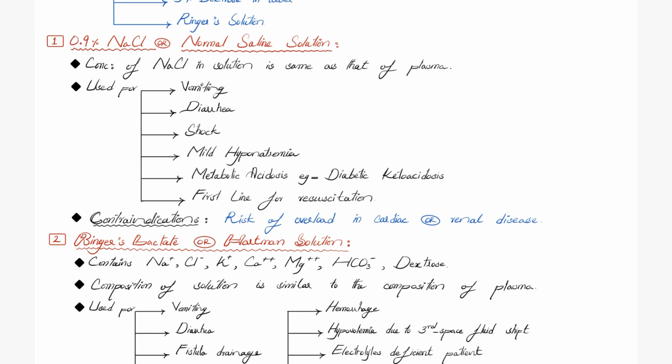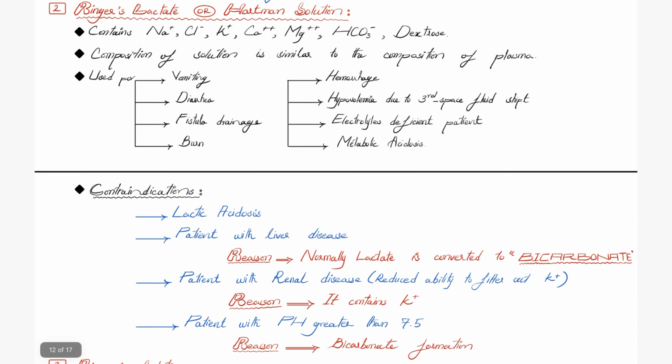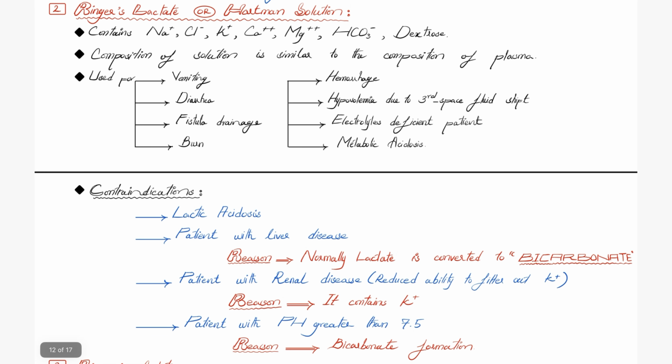So it is used for vomiting, diarrhea, shock, mild hyponatremia, metabolic acidosis, for example, diabetic ketoacidosis, and as first line for resuscitation. Now, contraindications: there is high risk of overload or hypervolemia in patients with cardiac or renal disease. So be careful when you are giving it to a patient having cardiac disease or CKD, meaning chronic kidney disease.